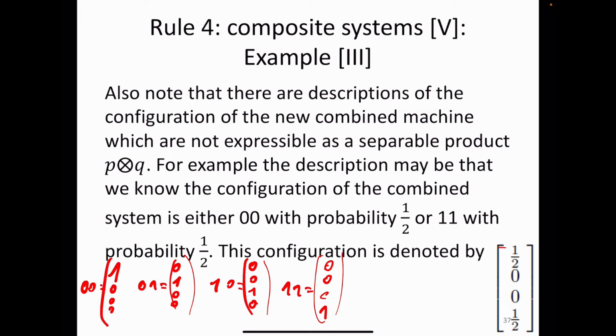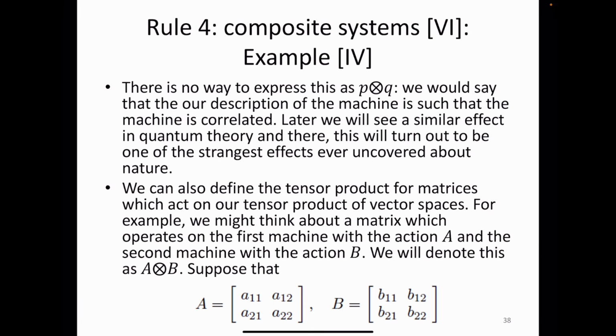Since state 1, 1 is this one here and state 0, 0 is this one here, if each of these has the probability 1/2, and the middle ones have the probability 0, the vector is given by this one that we see on the bottom.